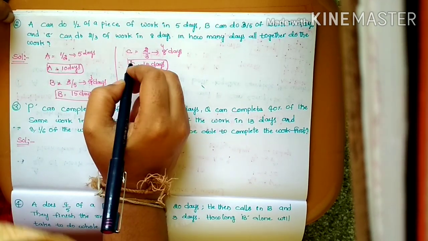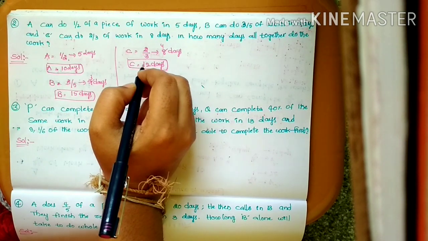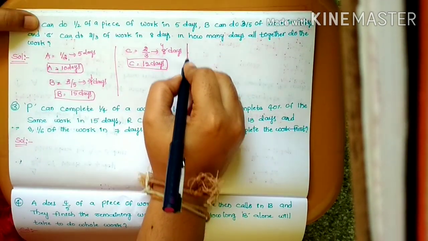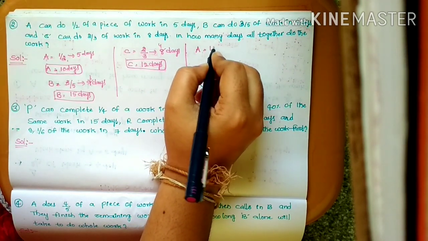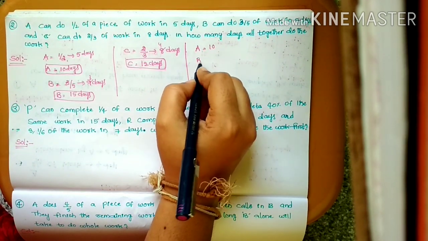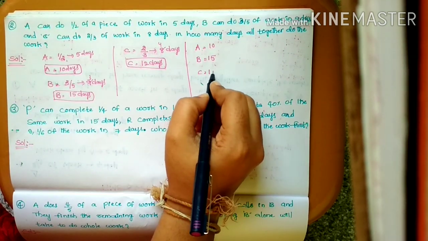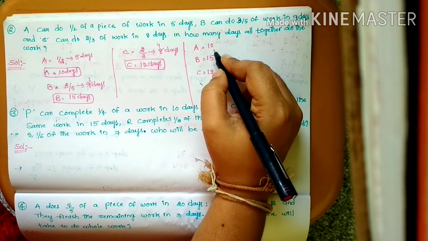All together in how many days will they complete? So A is equal to 10, B is equal to 15, C is equal to 12. So total how many units?